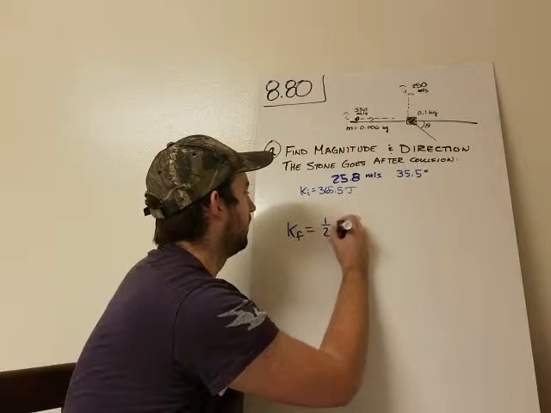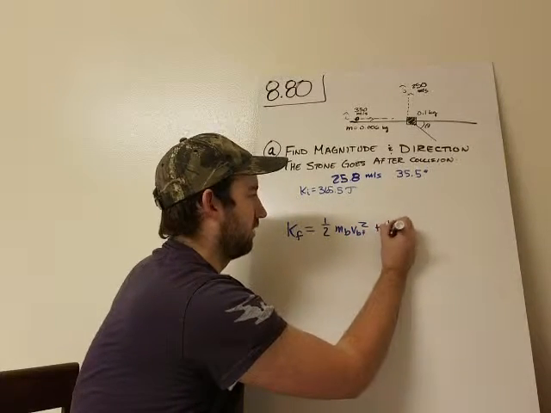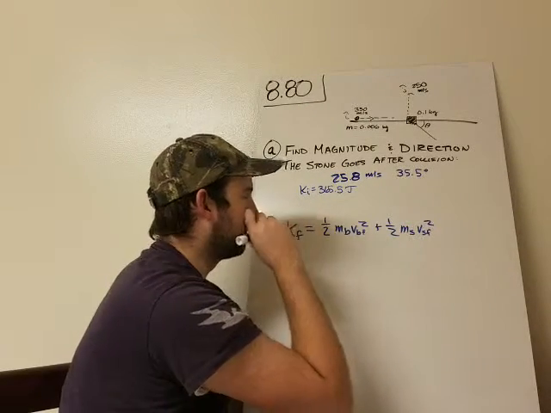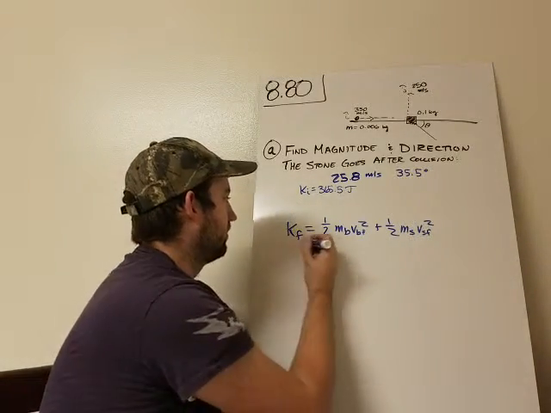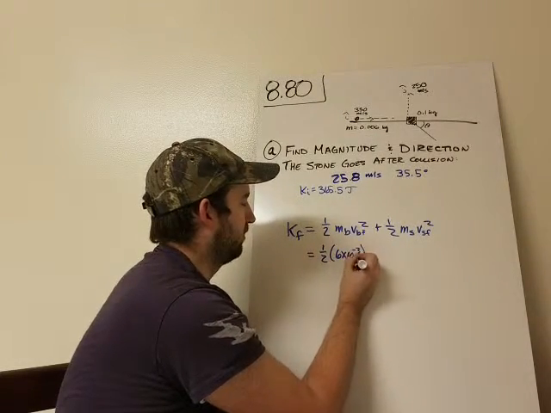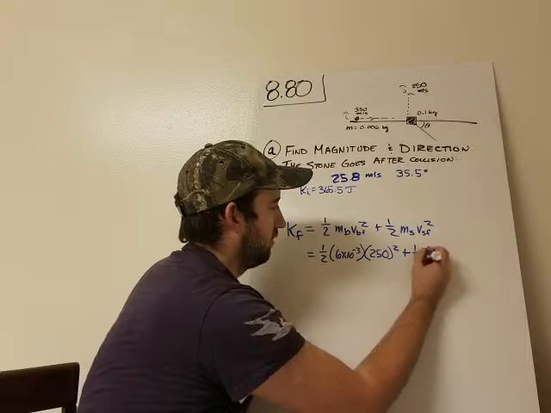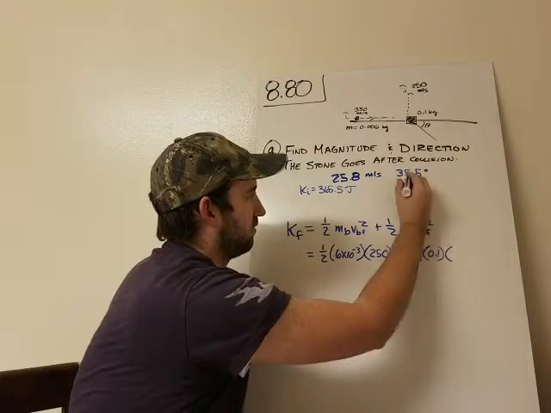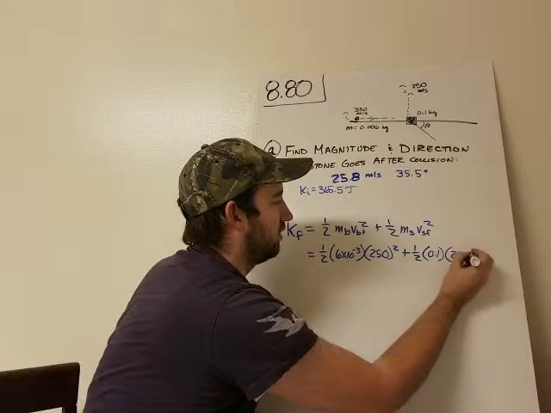So 1/2 m_b v_b final squared plus 1/2 m_s v_s final squared. So now when we plug that in, we get 1/2 times 6 times 10 to the negative third times 250 squared, plus 1/2 times 0.1 times our magnitude that we found before, 25.8 squared.